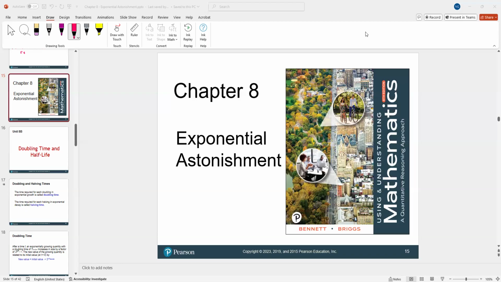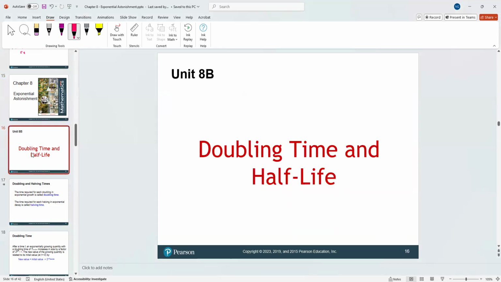So in this section, we're going to take a look at doubling times and half times.